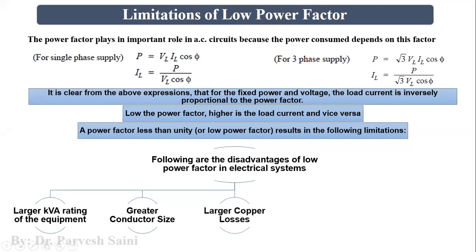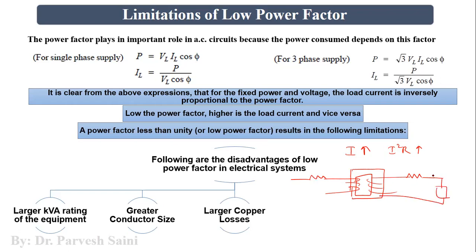Then the next limitation is larger copper losses. As I discussed, if I increases, I square R will also increase. For example, in case of a transformer, we have two types of windings, the primary winding and the secondary winding. These windings have some resistance, which we call winding resistance. If due to the low power factor the load current increases, the copper loss, the winding loss IL square R across this winding will increase in the secondary.